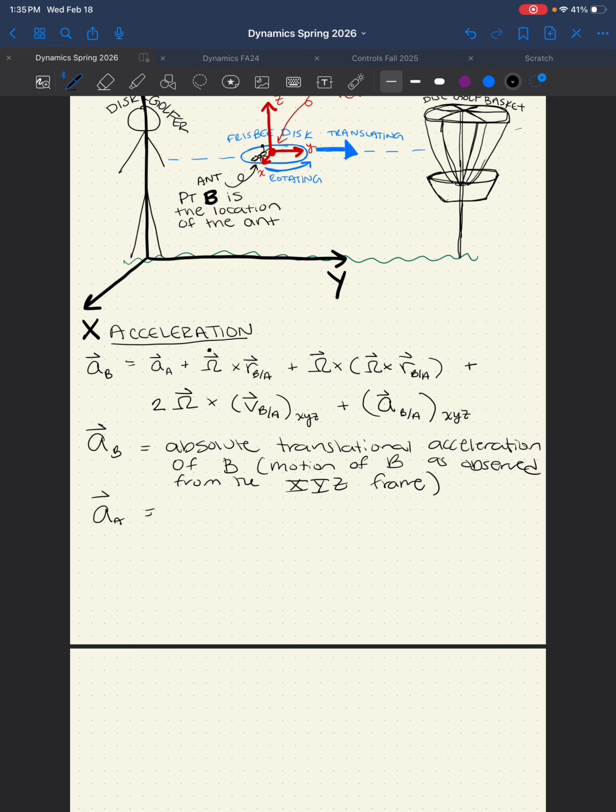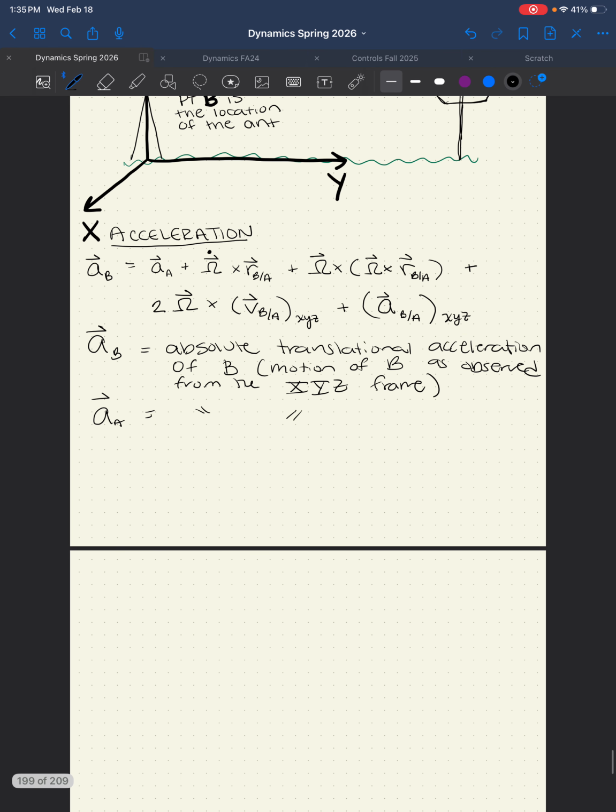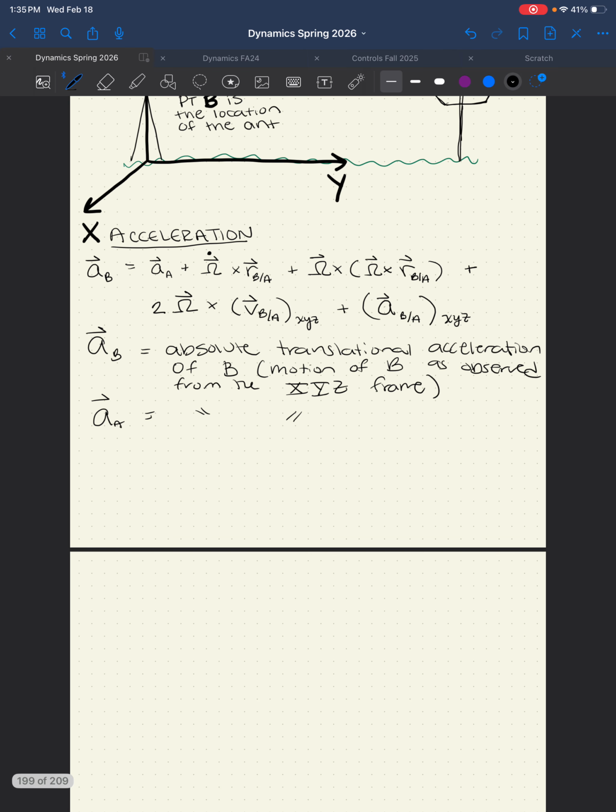Acceleration of A is the same, except with A. A, B/A, little x, little y, little z. Very similar to V, B/A, little x, y, z.